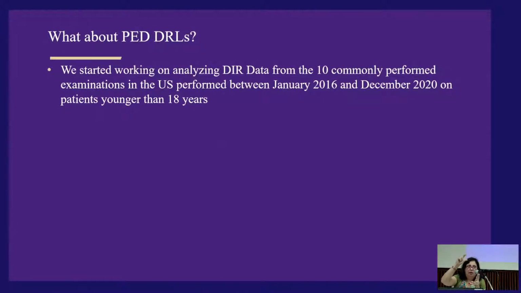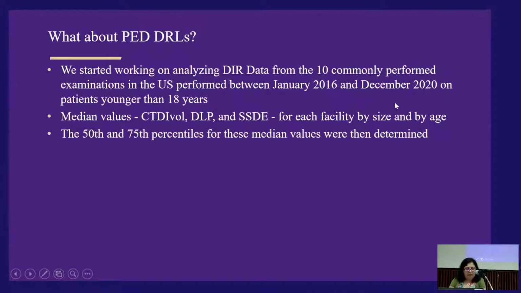And just because we all scan fewer children, which is a good thing compared to adults, we decided to do 5 years of data to actually get good statistics. So we looked at data from 2016 all the way to 2020. So that was 5 years data on patients younger than 18 years of age. Same thing, but this time we did not only by size, but we did by age.